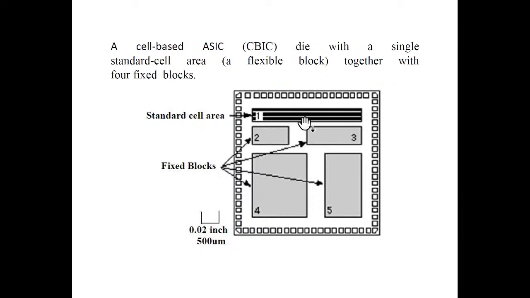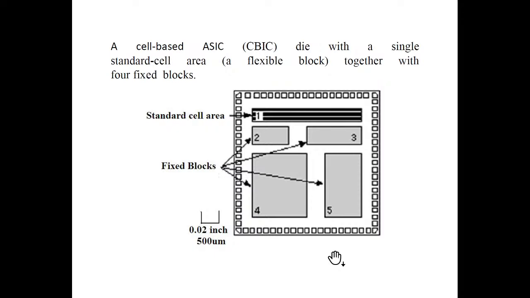Now this one is the structure where a CBIC die has a single standard cell area together with four fixed blocks. Here the first line represents the standard cell area. It means that the designer connects the various cells here. The designer is free to implement any type of cell.